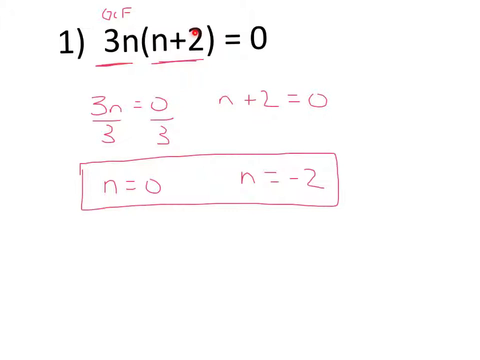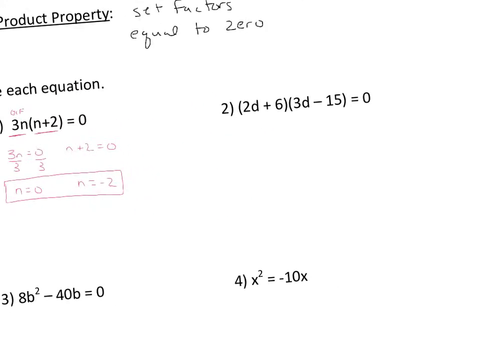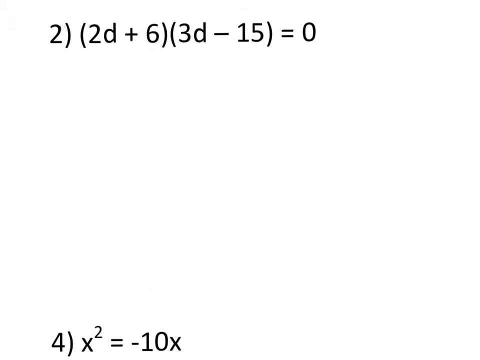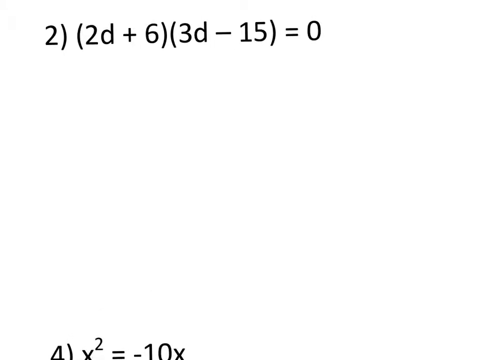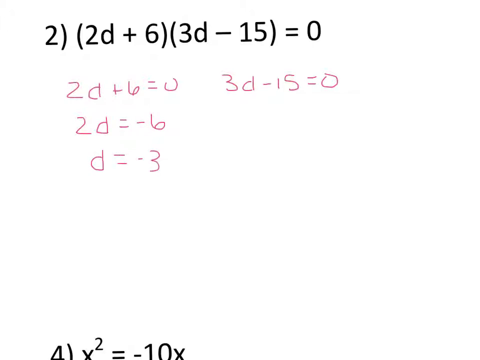Okay? All right, so then let's go ahead and take a look at number 2. And number 2, again, you can see you got those parentheses, so it's already been factored for you. So all we're going to do is take the 2d plus 6 and set it equal to 0, and the 3d minus 15 and set that equal to 0. All right, so I'm going to start by subtracting the 6 on the first one here, getting negative 6 equal to 2d. Divide by 2 and get negative 3.